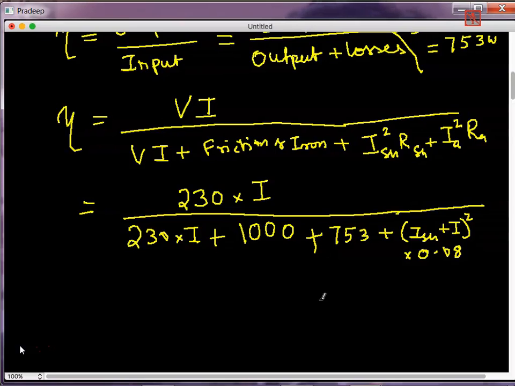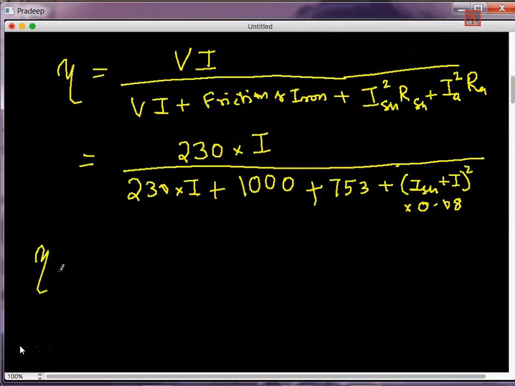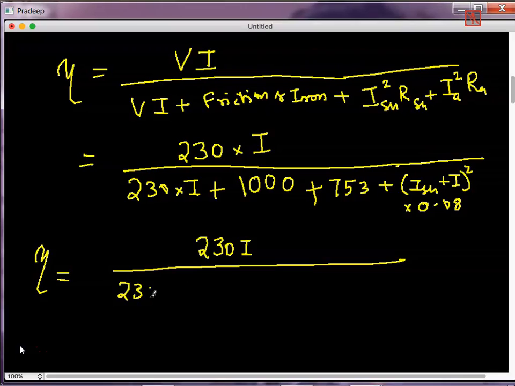So finally, once again, efficiency is equal to 230I divided by 230I plus, now what is the addition of these two things, 1000 and 753, that is 1753, plus the armature copper loss. I hope you are able to follow what I am explaining.